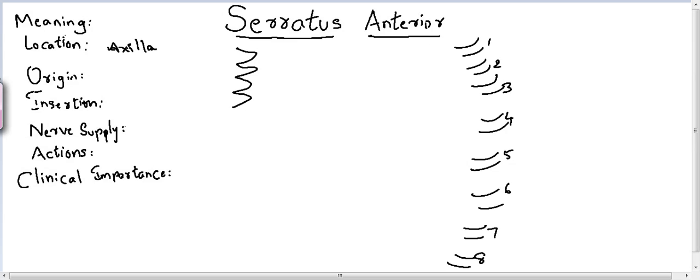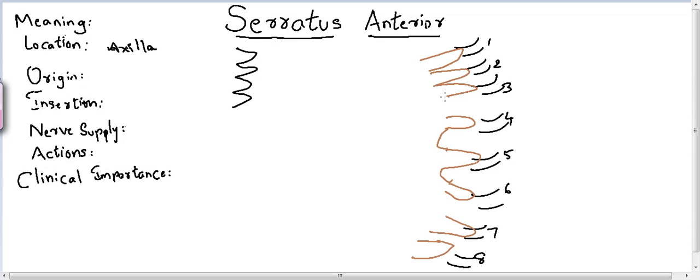I'll show you this. This is the first digitation. So like this, second, third, 4, 5, 6, 7 and 8. Now you only see this. Doesn't this appear like sawtooth-like projections?